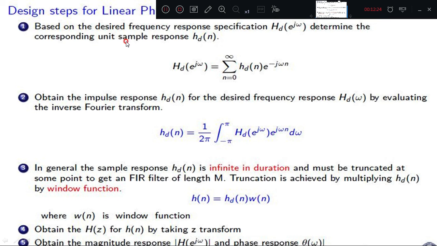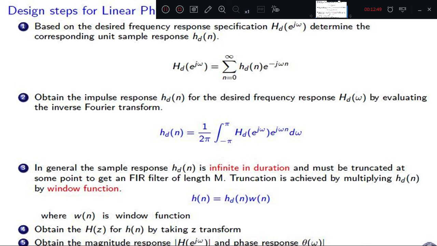So what are the design steps for a linear phase FIR filter? The design steps include: based on the desired frequency response specification HD of e raised to j omega, determine the corresponding unit sample response, right? So they will give the frequency response of the ideal IIR filter in the first step.